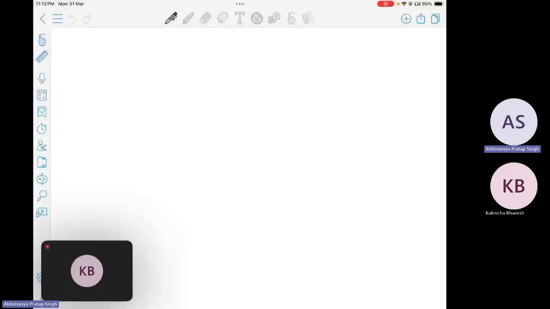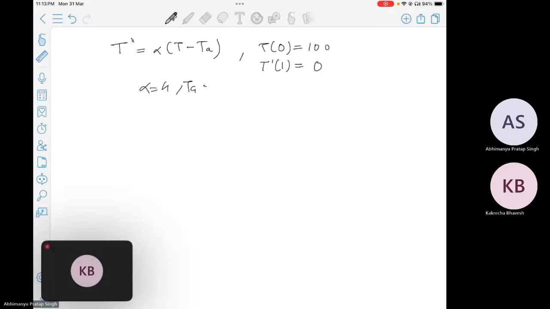Fine. So the problem is T double prime is equal to alpha (T minus Ta). At the left boundary, T0 is equal to 100, and at the last boundary it is 0. Then alpha is equal to 4, Ta is equal to 25, and h is equal to 0.1, which is fine. Yeah. You want me to solve option 1 or option 2? I will do both.